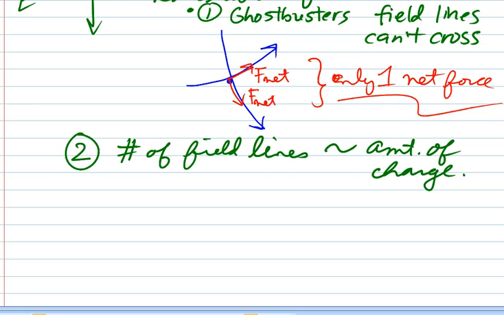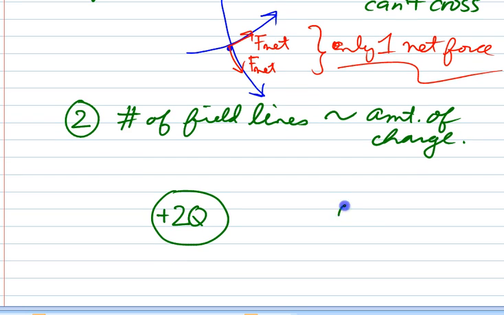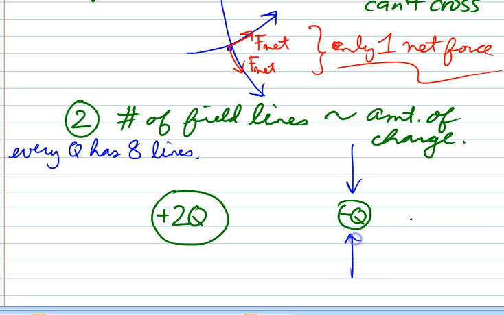So if I had, for example, something with a charge of plus 2q, and over here I had something of minus q. Okay, so the way that I would start this off is I would just pick a random number and I would say every q has 8 lines. Okay, so 1, 2, 3, 4, 5, 6, 7, 8.